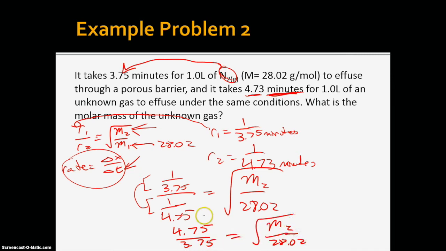This is the different step that you must take for time, and it'll just essentially be inverse from rate. Once you're at this part, you just plug into your calculator, and your M2 will end up being 45 grams per mole. And that's basically it.